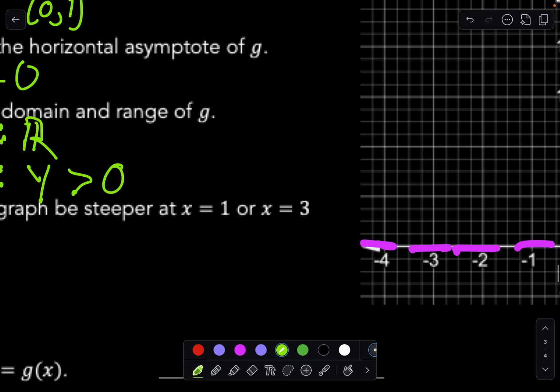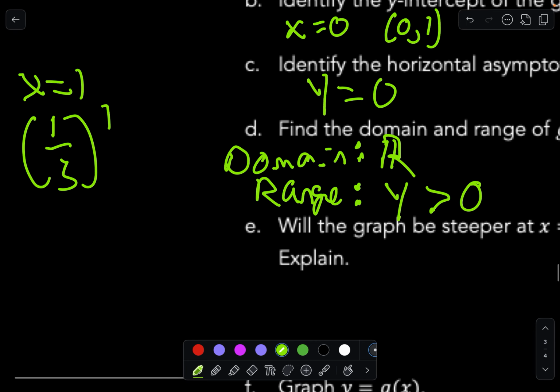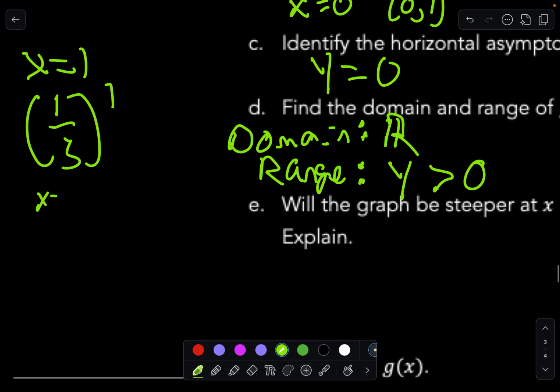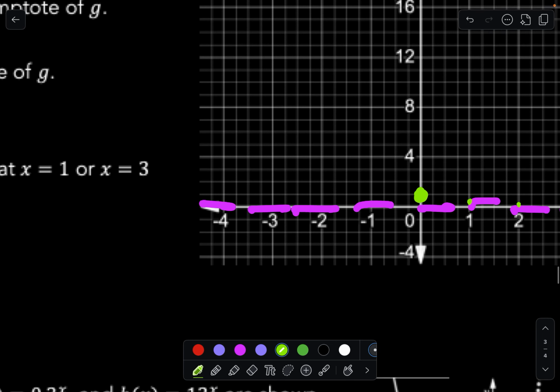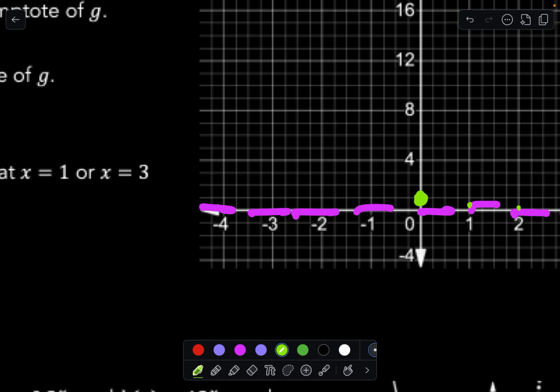When x is -1, that's 1/3 to the -1. The negative exponent flips the base, and it's just 3/1 to the first, which is 3. So when we go to the left, we're at 3, right there.